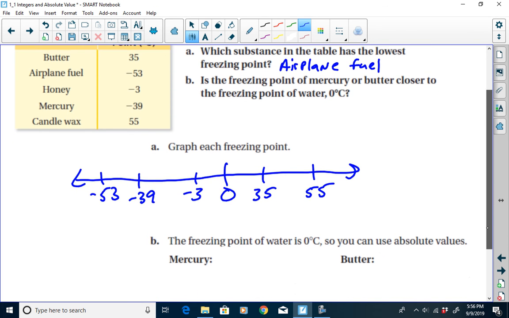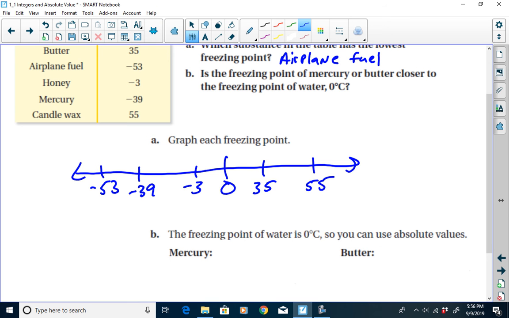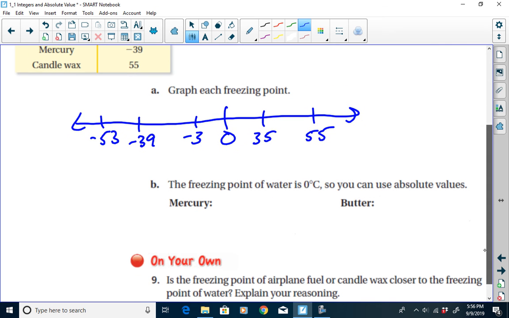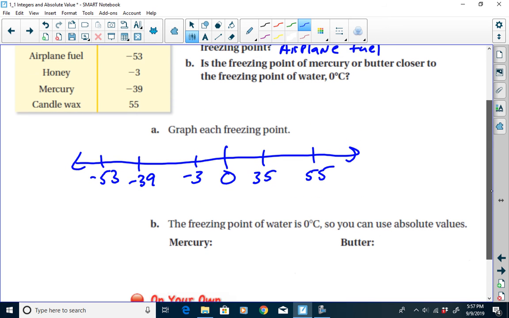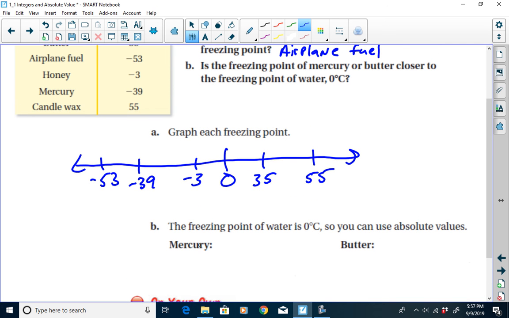Let's look at question B. Question B says, is the freezing point of mercury or butter closer to the freezing point of water? Well, if the freezing point of water is 0, we can use the absolute values of the freezing point of mercury and the freezing point of butter to determine which is going to be closest to 0.